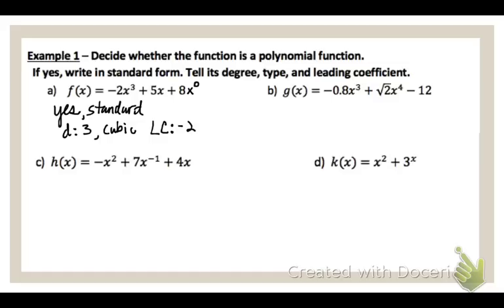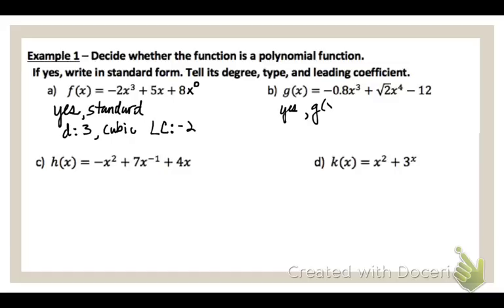All right, let's look at B. So we've got negative 8/10 x cubed plus the square root of 2x to the 4th minus 12. So all of our exponents are whole numbers, and our coefficients are real. They're kind of ugly, but they are real numbers. So yes, this is a polynomial, but it is not in standard form, so we need to rewrite it.